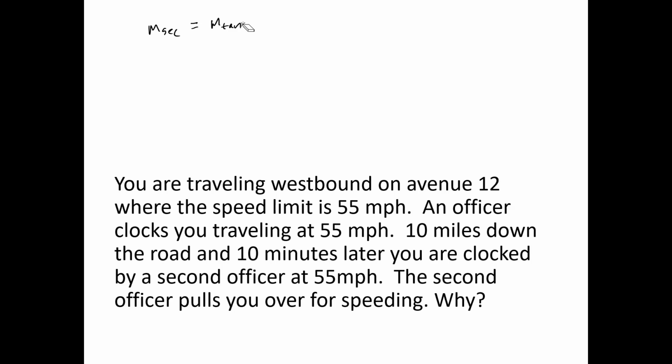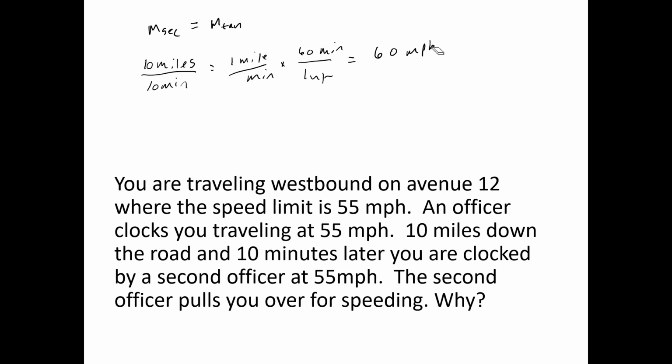So your slope of your secant line, how fast you went over that interval, is 10 miles in 10 minutes, which means you were going 1 mile per minute. And if you multiply that by the fact that there are 60 minutes in 1 hour, then you were going 60 miles per hour at least at one point in your interval.